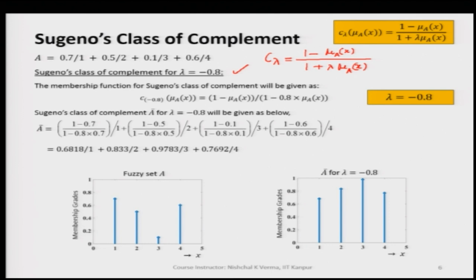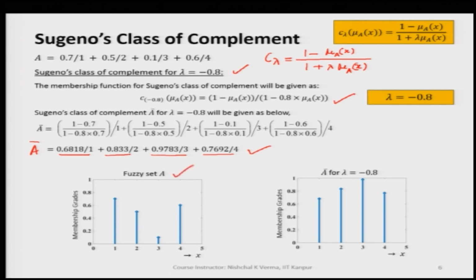So, when we use this, we see that for lambda equal to minus 0.8, we are getting a complement as 0.6818/1 + 0.833/2 + 0.9783/3 + 0.7692/4. So, let us now see what we are getting.